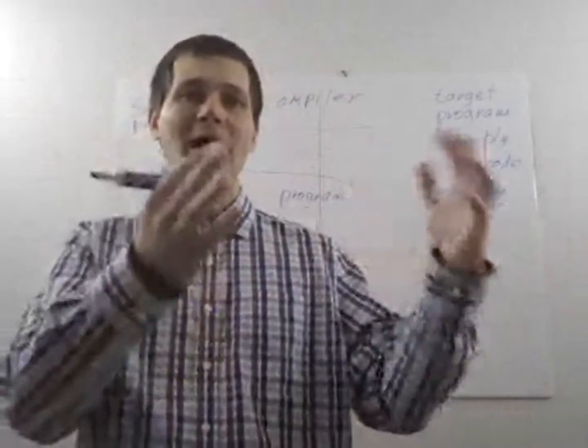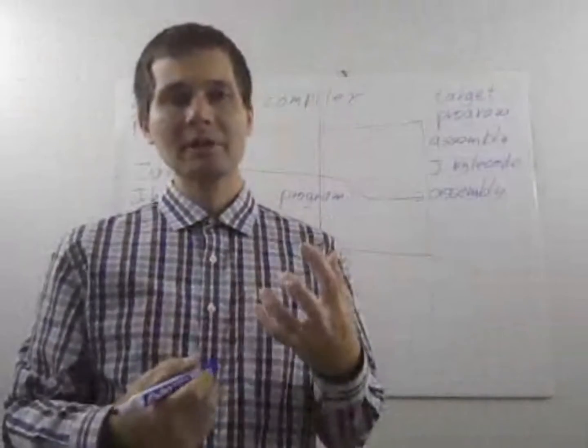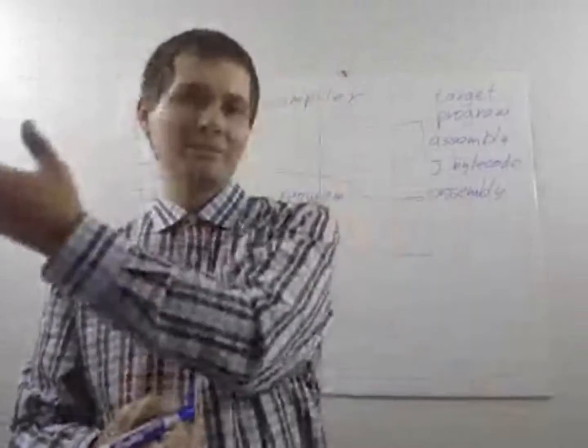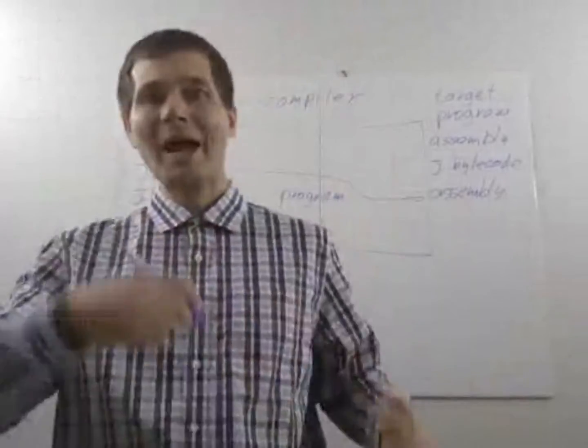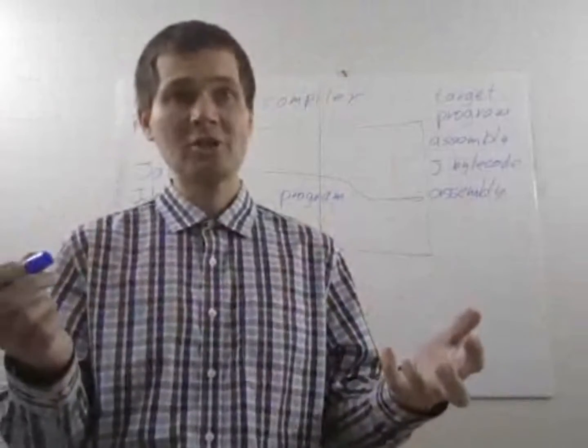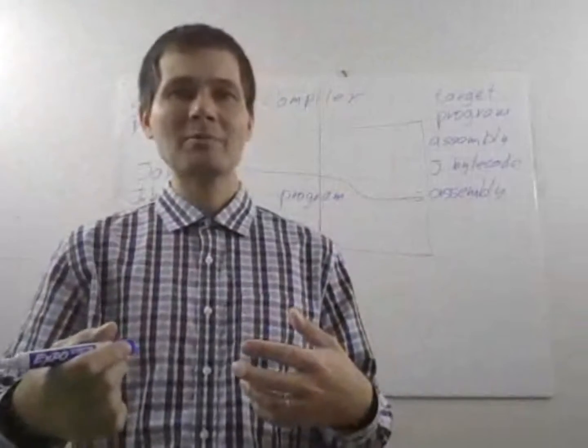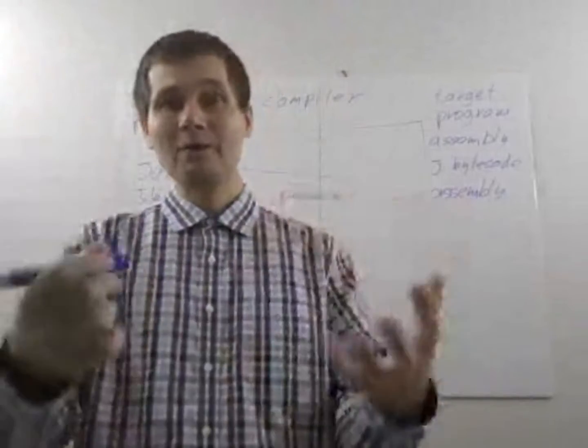There's a part where the compiler has to be aware that a garbage collector is going to be used, and it has to generate some code that would tell the garbage collector how to do the garbage collection, what the object layouts are in memory, and where the pointers are.